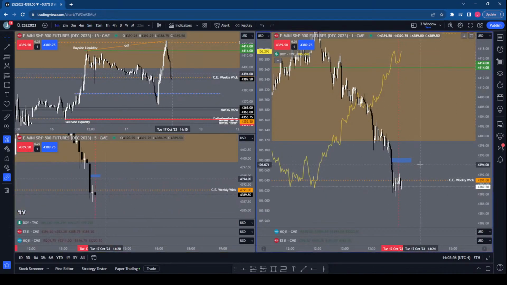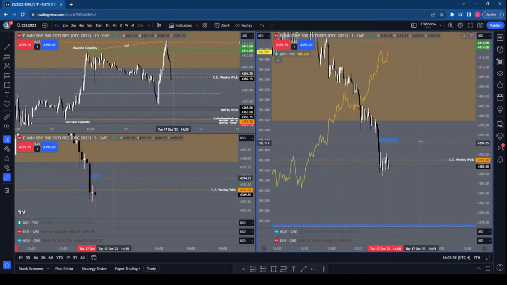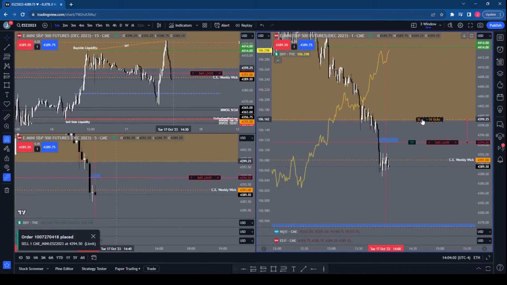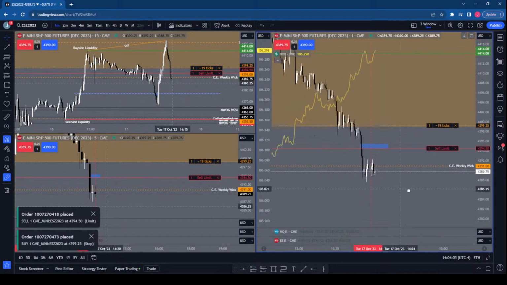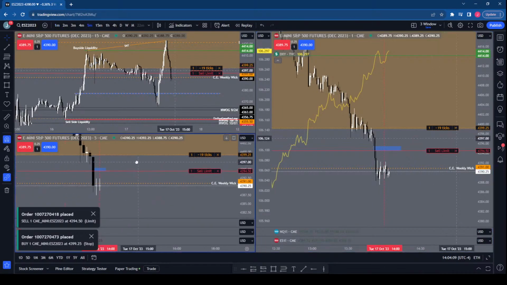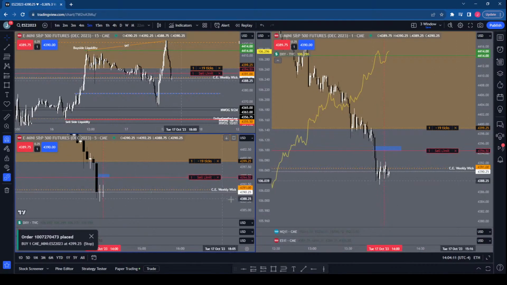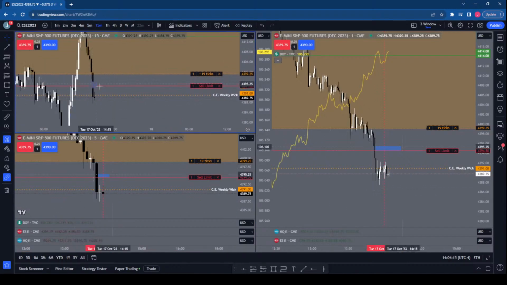I'd sell one there. Put the stop at the top of these up close candles. It's also at the top of this 5-minute fair value gap. Seems like it's also inside of a 15-minute fair value gap.